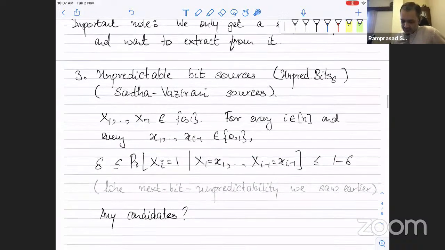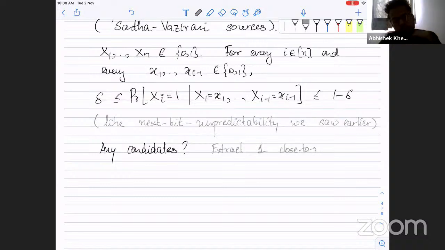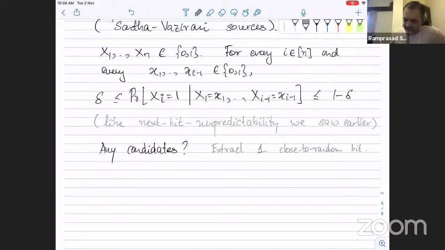Now let's ask ourselves: can someone come up with a suitable candidate for an extractor? In fact, let's make life a little simpler and just try to extract one close-to-random bit. Let's try out something.